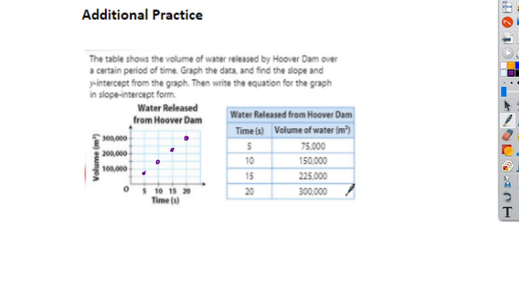So when you subtract from here to here, we would get 75,000 each time. Right, because 150,000 take away 75,000 is 75,000, and so on.